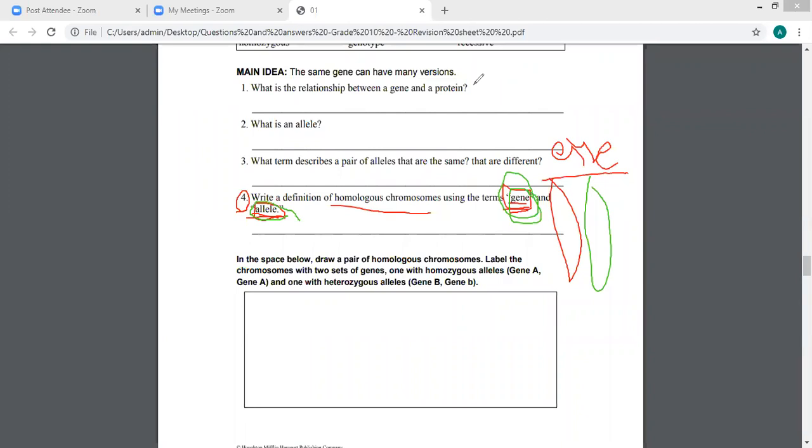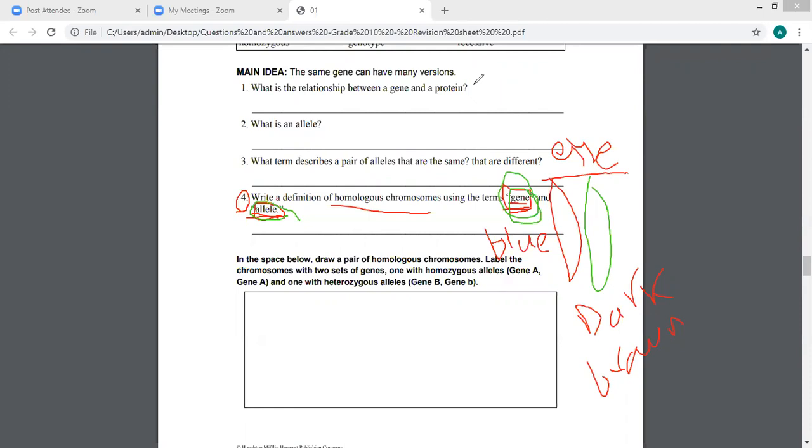Maybe the red chromosome carries the blue eye color trait, and the green one from mother carries a dark brown eye color. So they are the same gene, but different alleles.